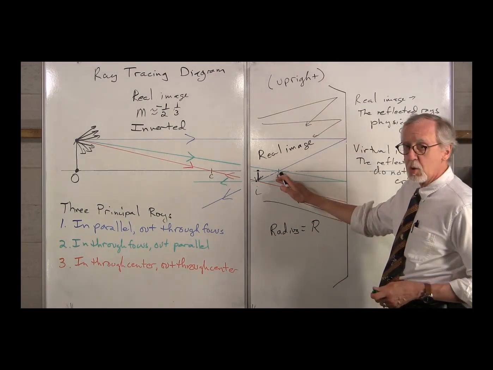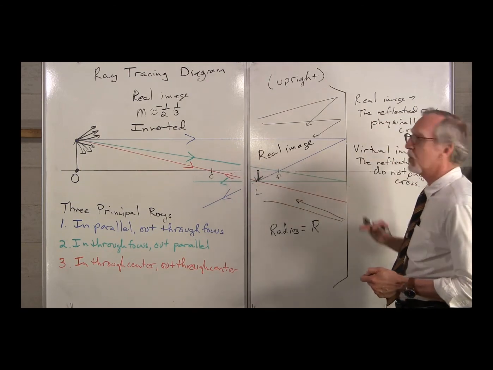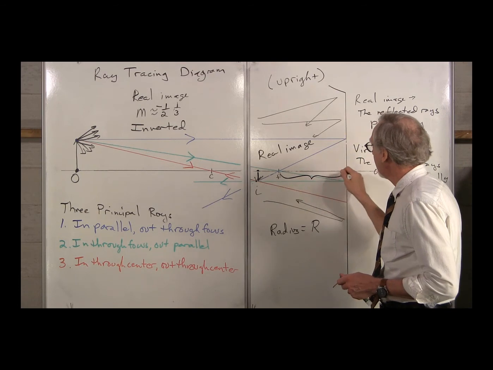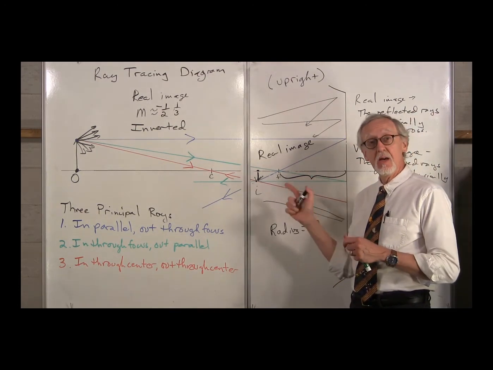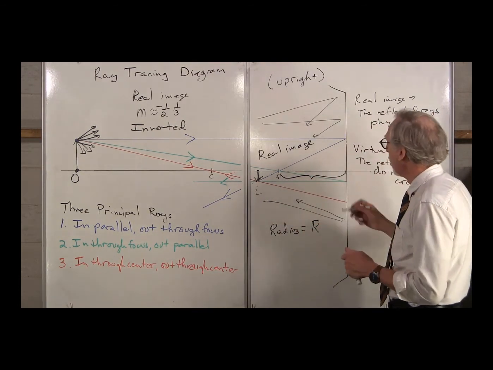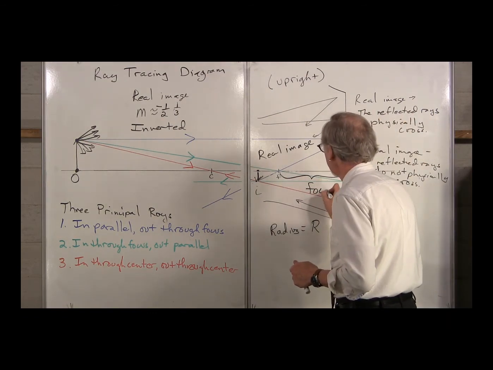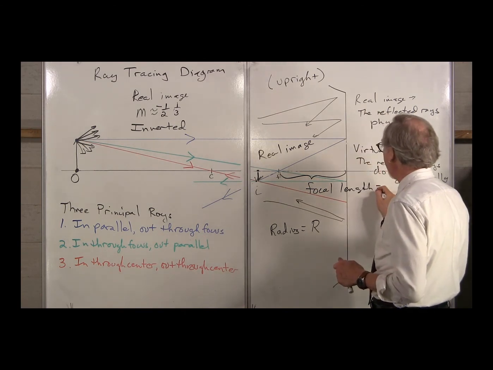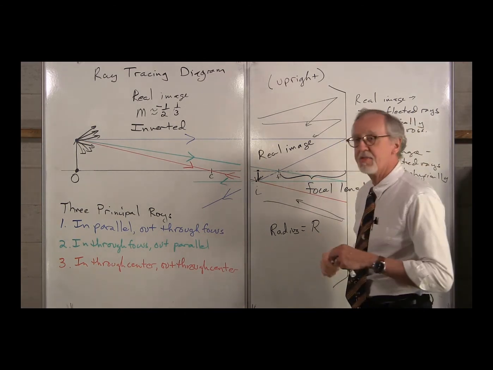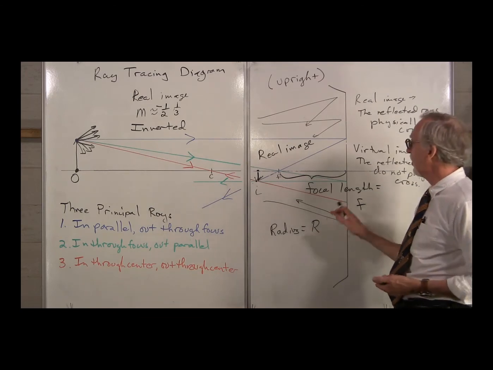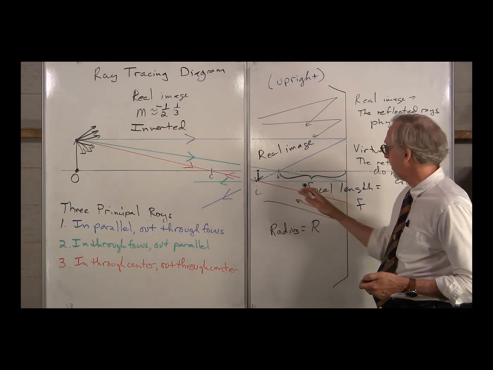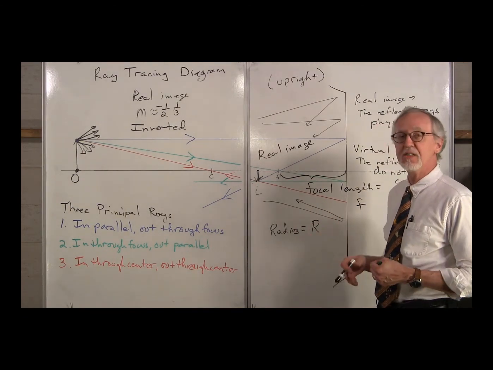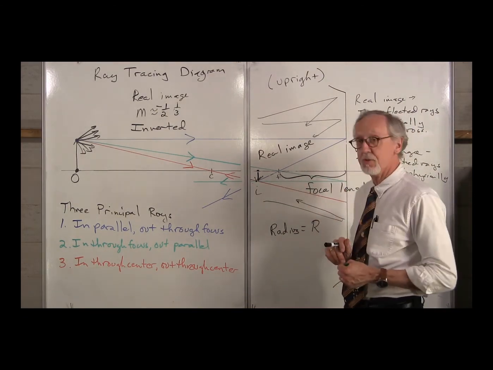The position of the focal point is halfway between the center and the mirror. The distance from the focal point to the mirror, we'll call that the focal length, and we'll label that also with the letter F. So F will refer to the point that's the focal point, but we'll also use it to indicate the length, the focal length, which is the distance from the focal point to the mirror.